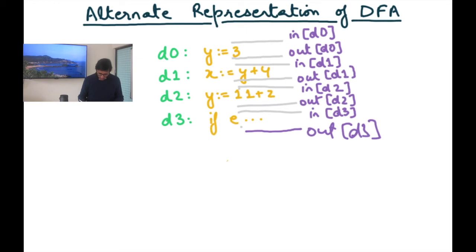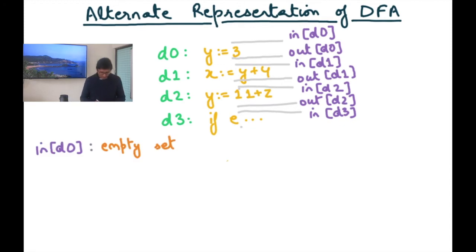Okay, so now this is good. Let's start computing our DFA with our alternate representation. Recall this time that we are going to keep track of multiple values in one go. So let's assume that at in[D0], the value is just the empty set. At the start of the program, we don't know anything about any constant. By empty set, recall, I'm basically assuming that none of the variables are non-bottom.